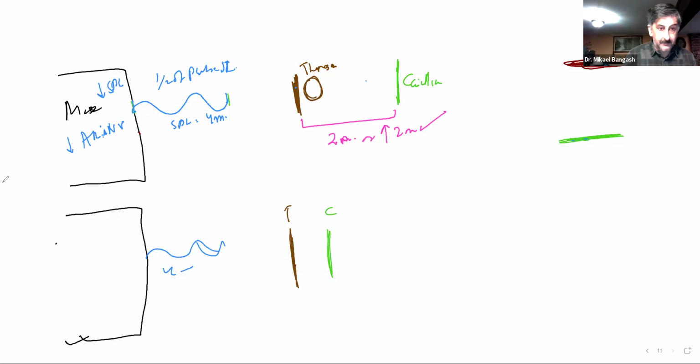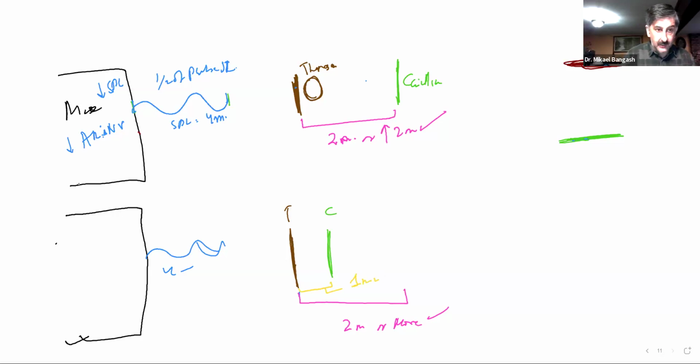This big pulse, which was 4 meters, still needs a distance of at least 2 meters or more for it to be a good resolution. But let's just say Teresa moved up, Caitlin moved up, and now the distance between you two girls is only 1 meter.